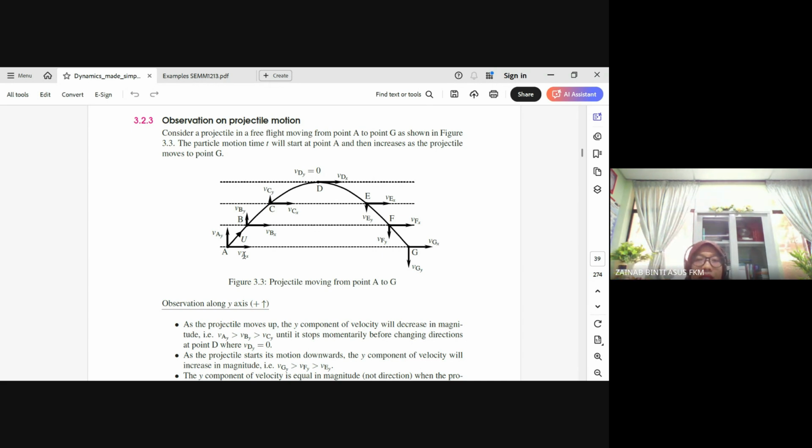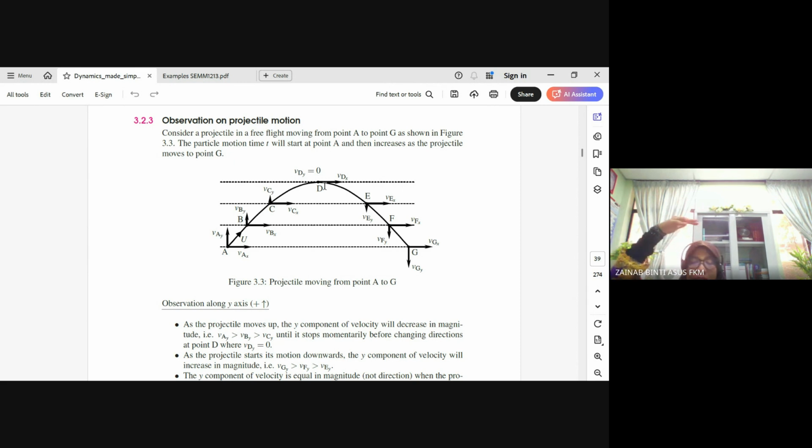As you can see, if it is moving up, your VBY became shorter. You see here, VAY is that length, and when it reaches VBY, it is shorter, and VCY shorter. Then at D, your VDY is 0. That is the time when it will reach the maximum point and fall back down.